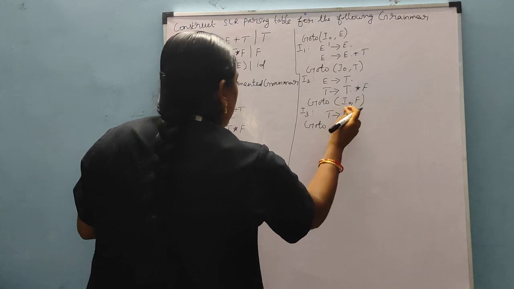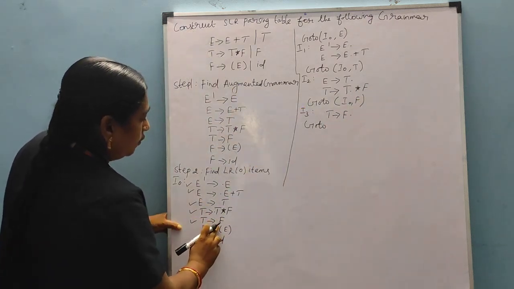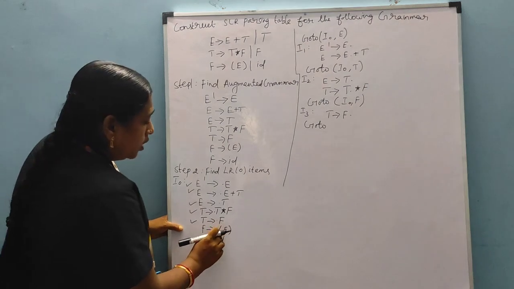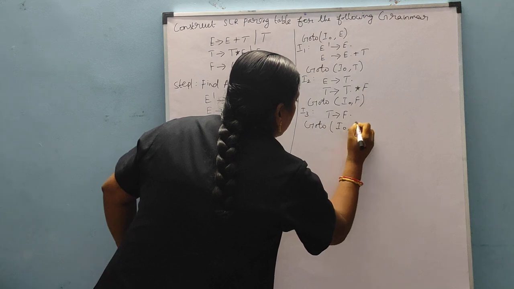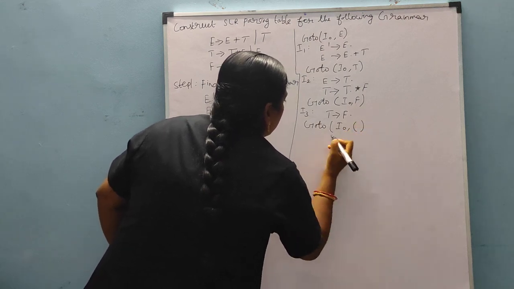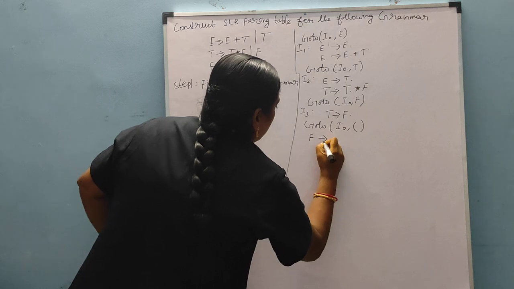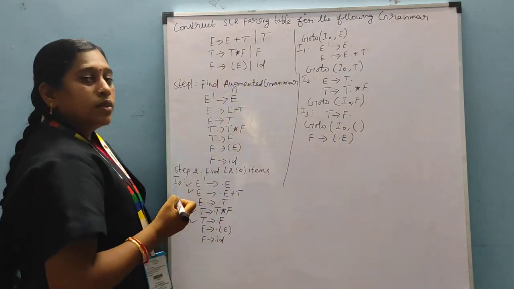So after I naught, yes, completed up to the F production. Then we have to move for the terminal symbol. So I naught comma terminal symbol open bracket. Yes, F tends to open bracket dot E close bracket.